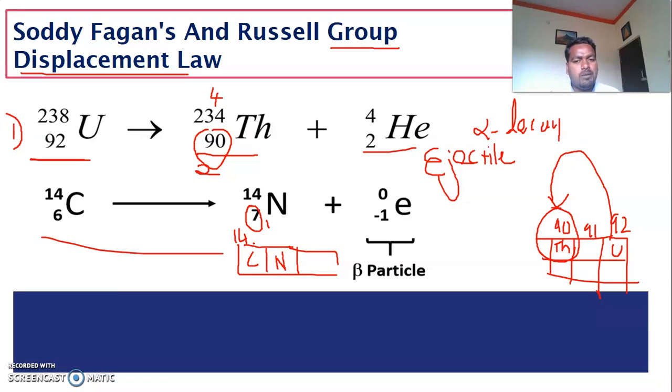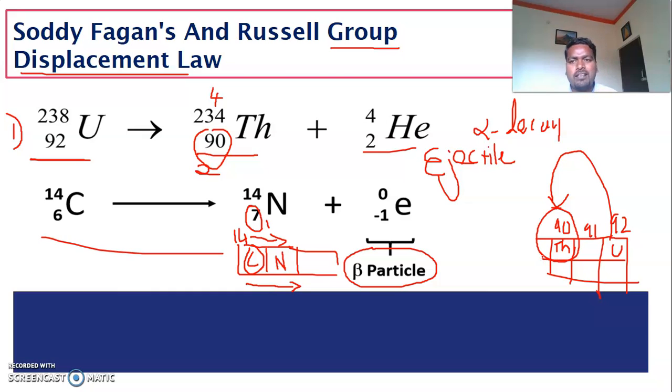Here the position shifts one column towards the right, that is, carbon to nitrogen, if it undergoes beta decay, and if it undergoes alpha decay, a two column shift takes place.